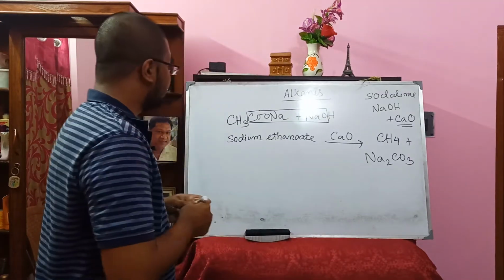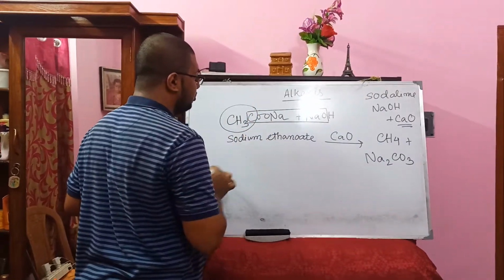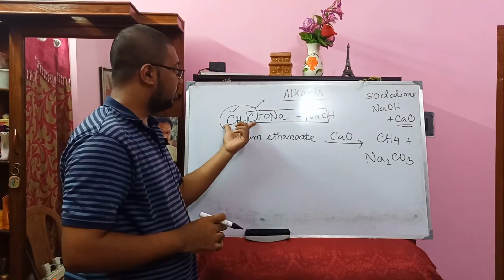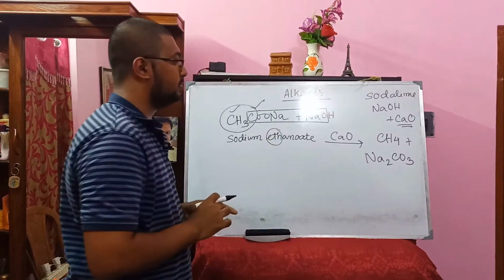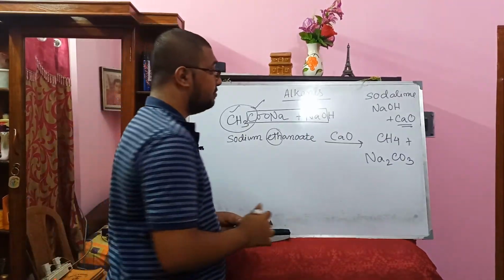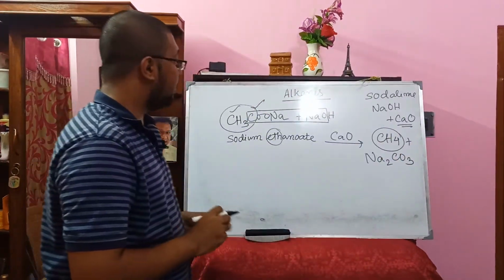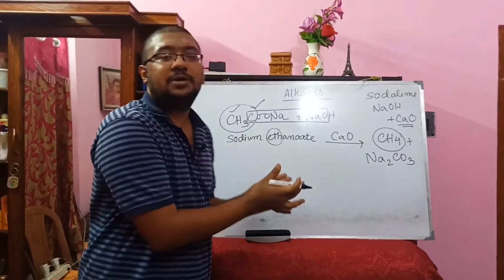Now try to understand. In the parent molecule, there were two carbons. Can you see? There are two carbons. Even the name sodium ethanoate indicates that there are two carbons. But in the compound which is formed, the methane, there is only one carbon. So we have lost one carbon atom in the form of sodium carbonate.